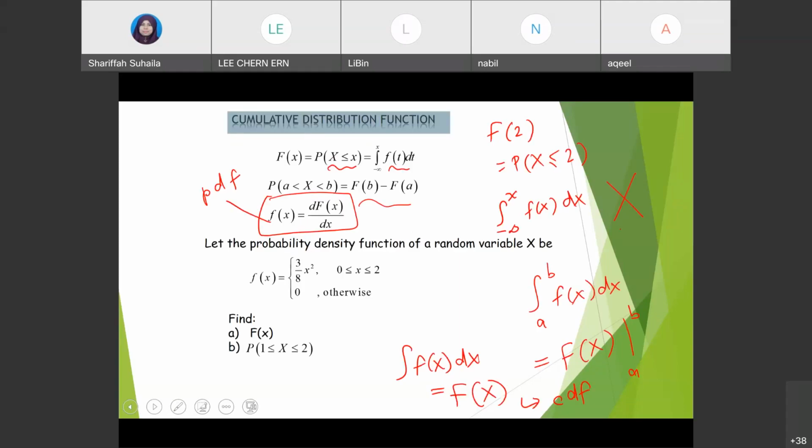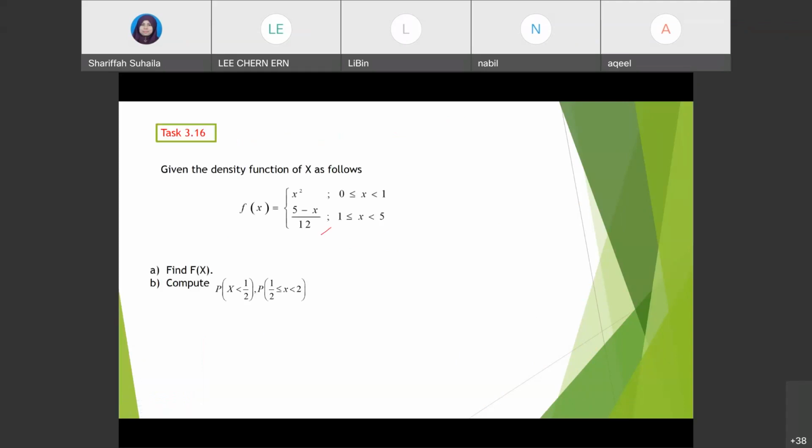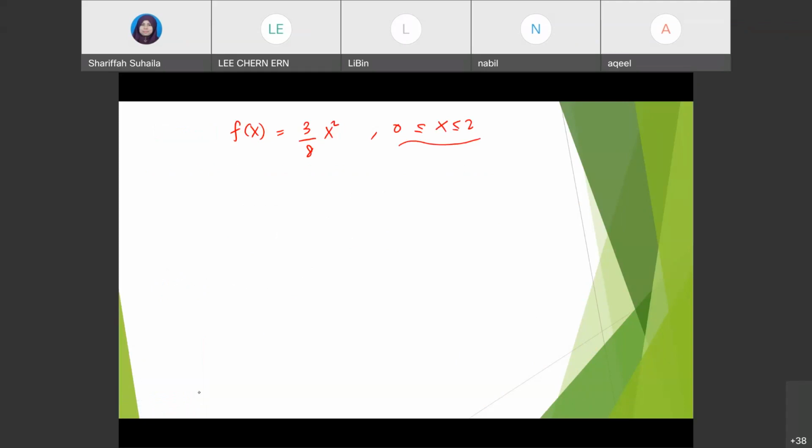So, when you want to build up your capital Fx, you need to consider several steps. Okay, so your range here now is 0 and 2. Okay, ni kita punya range. So, first, you need to consider what happen when x less or equals to 0.